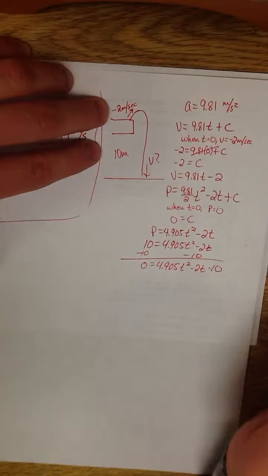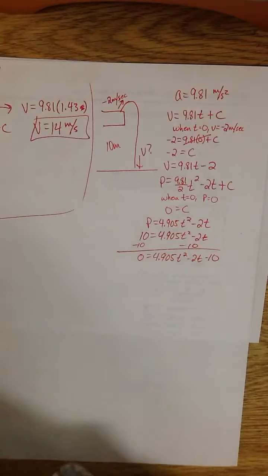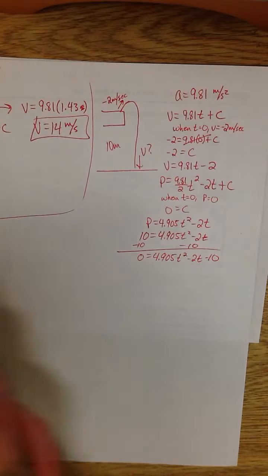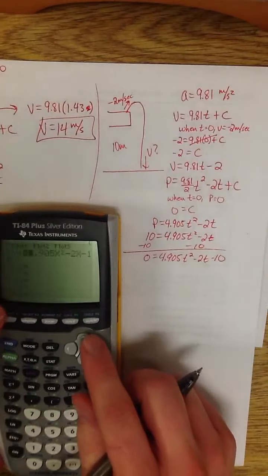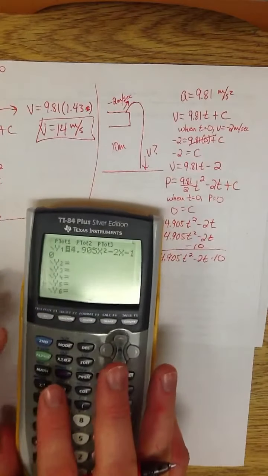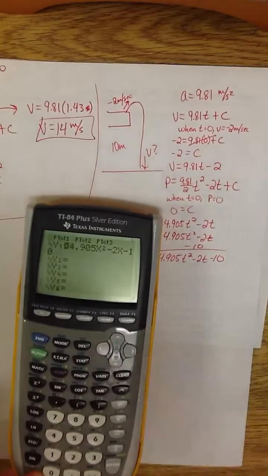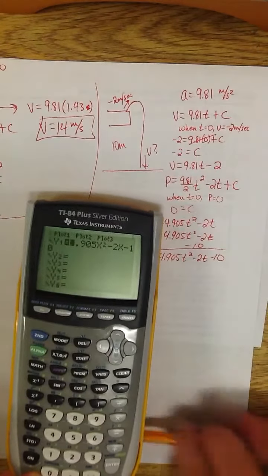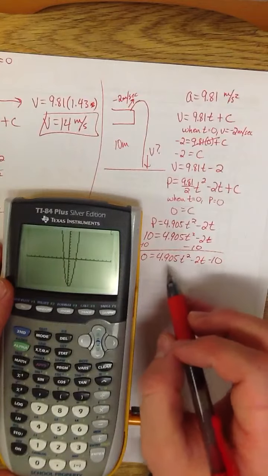Normally you'd have to do quadratic formula, but we're over that now. We have calculators. This is a calculator problem. So the quickest and fastest way would just be to graph it. Luckily, hey, I already did it. It's already in here. Graph it, and then find the zeros, right? Hopefully you remember how to do that, and I don't have to explain that anymore.